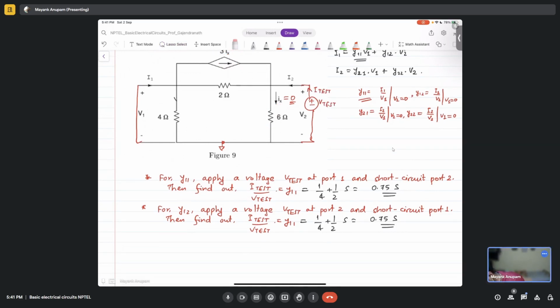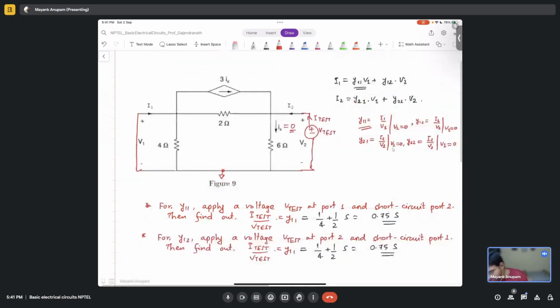Tell me, what will it be? Again, if there is a short circuit here, what can I say about this 4 ohms? It will be neglected. Yes, it is gone. What else? Can I remove this 6 ohm? I cannot do this, right? No, sir. So tell me what will be the situation here. What is Ix, by the way?